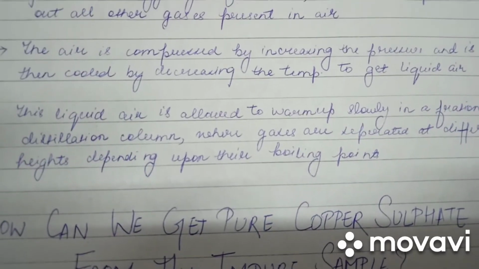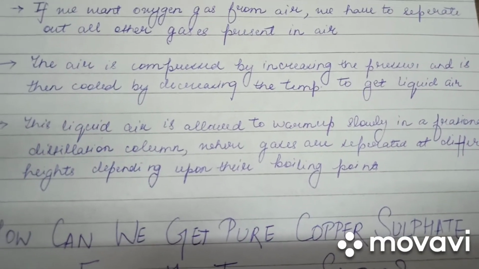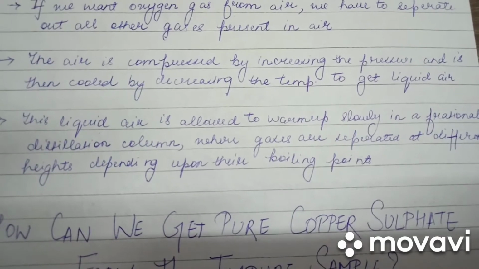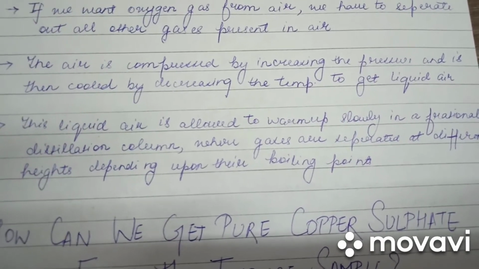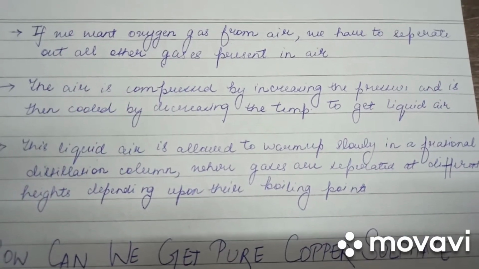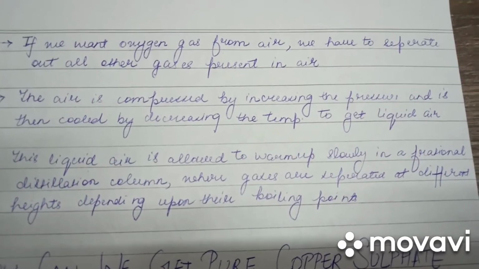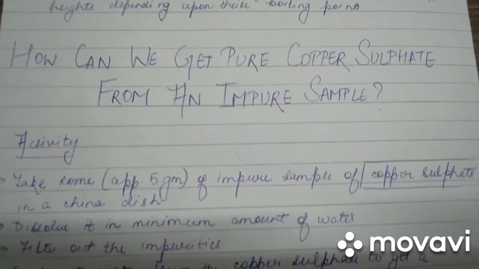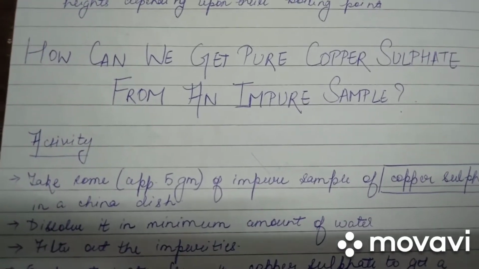As soon as the liquid air is allowed to warm up in the fractional distillation column, various gases according to their boiling points get separated at different heights, as a result of which we are able to separate oxygen gas from the air.